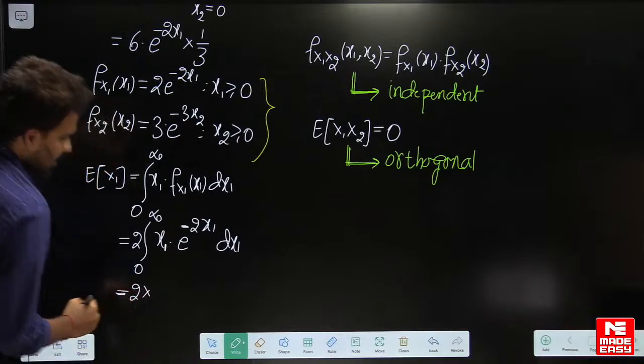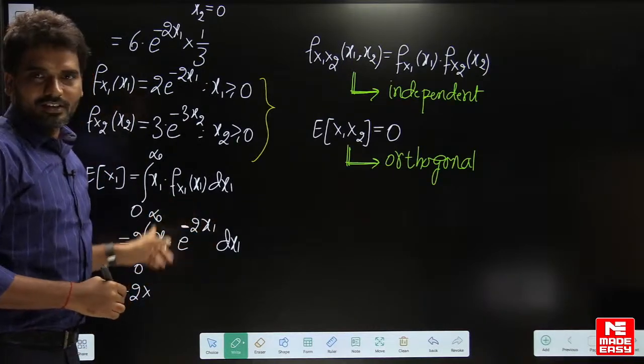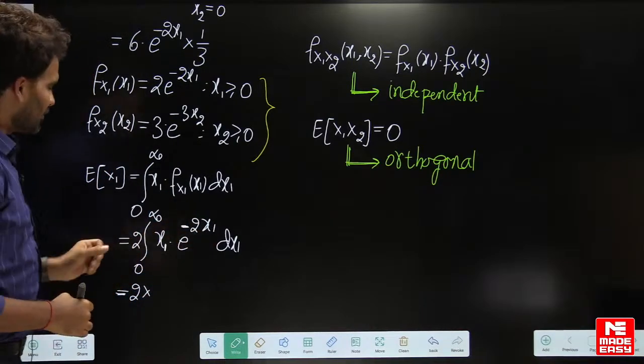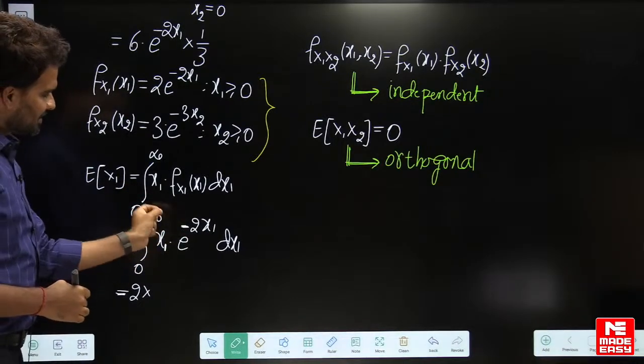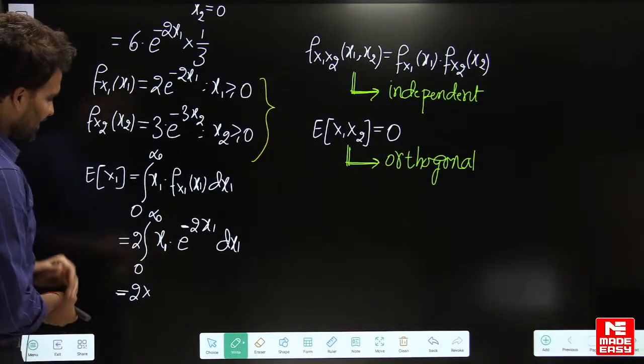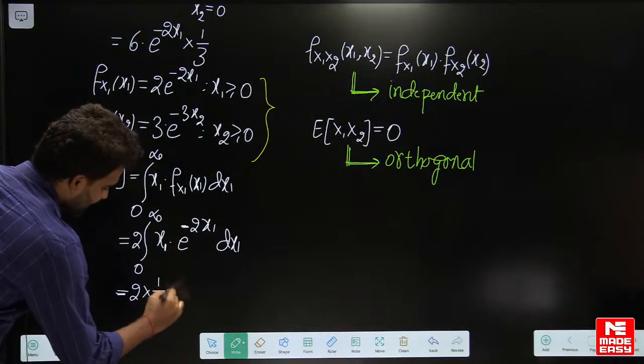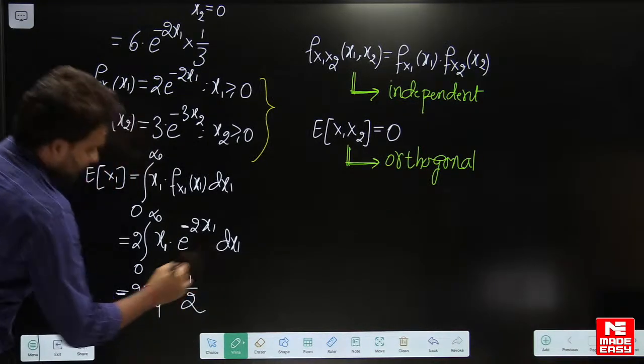We already computed the value of this integration, that is 1 by 4 you will get. So this is 1 by 2.